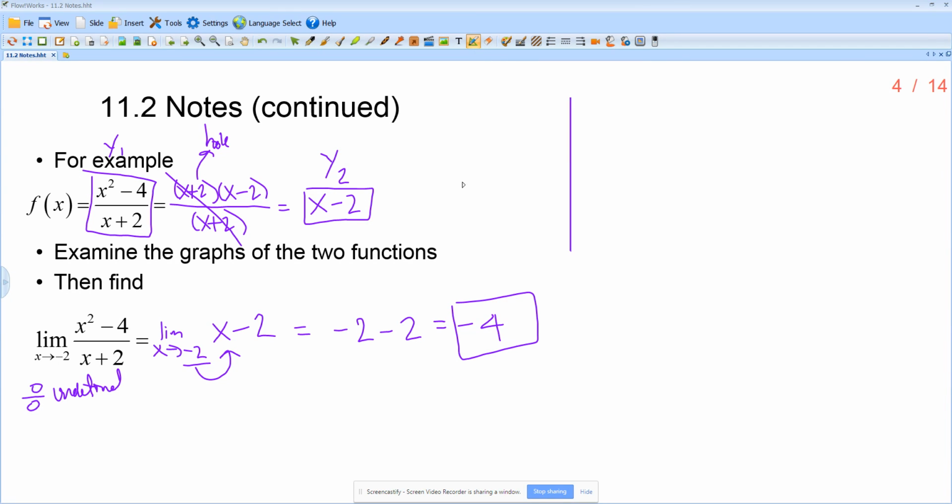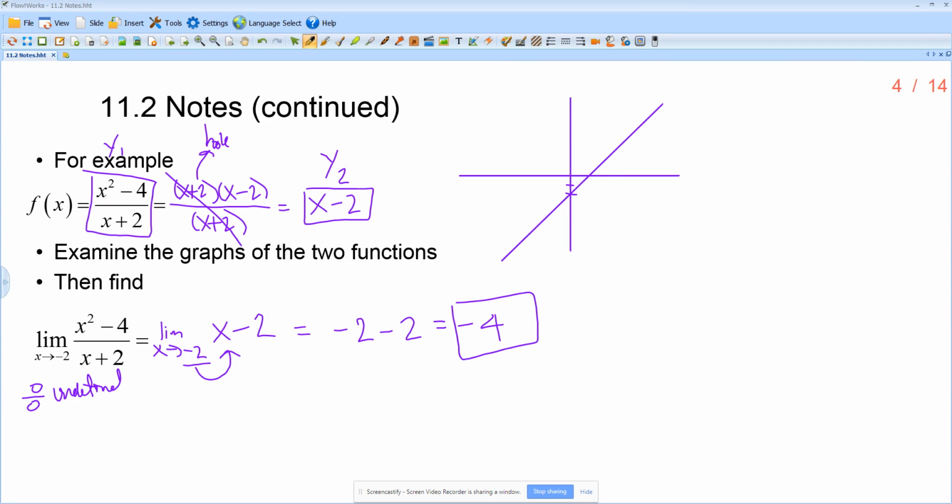What you're going to get is really just one line. This equation is the same. We're saying these two things are equal.